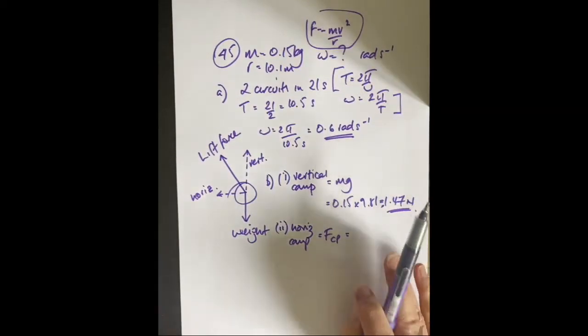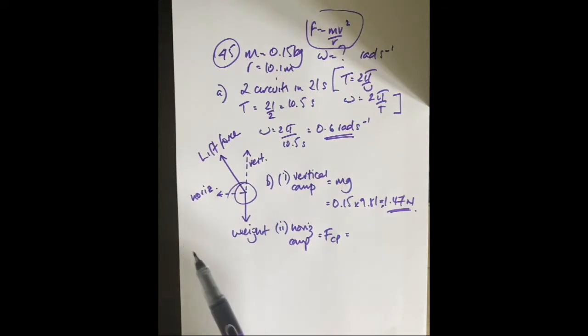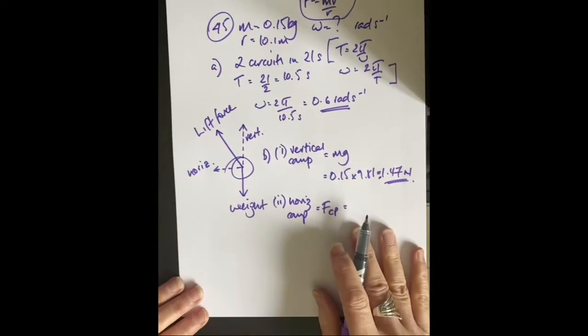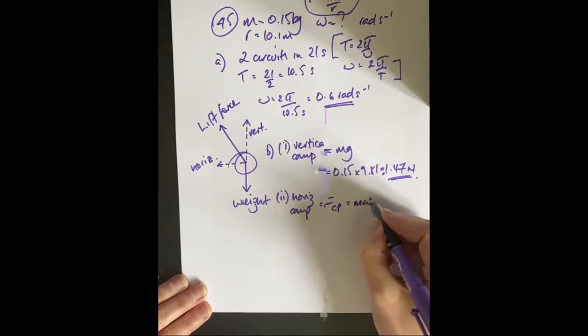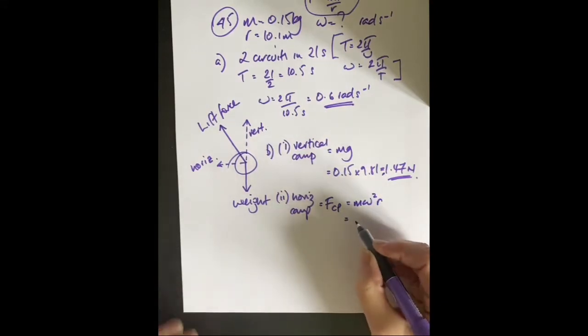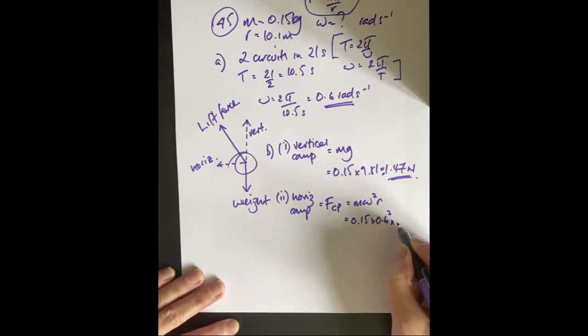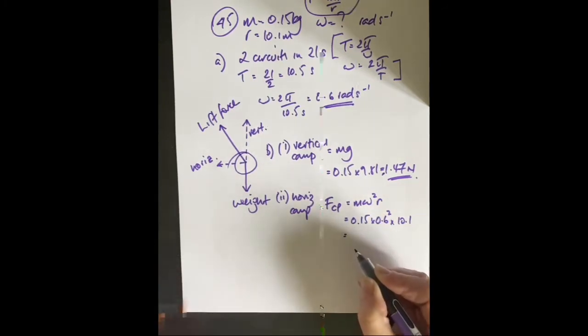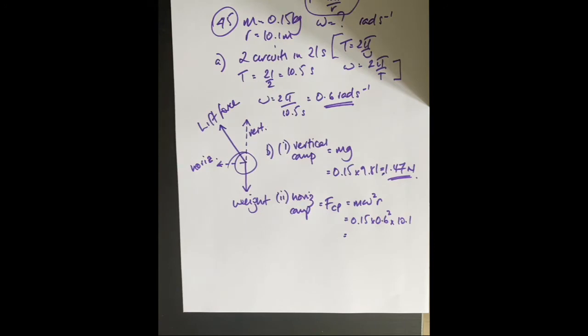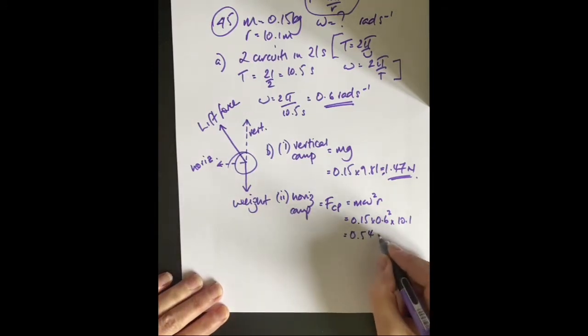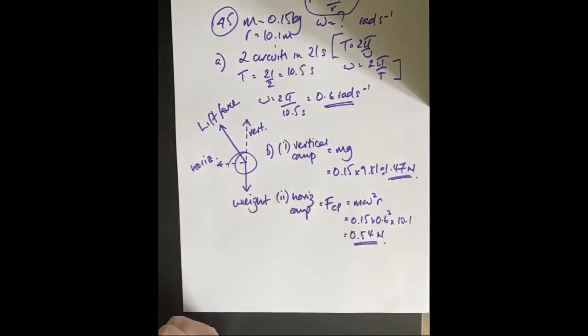Because we don't, well, we could, but it's easier if we use m omega squared r, the other one. All right. So 0.15 times 0.6 squared times, what's the radius of the circle? 10.1, and that is 0.54 newtons. Okay.